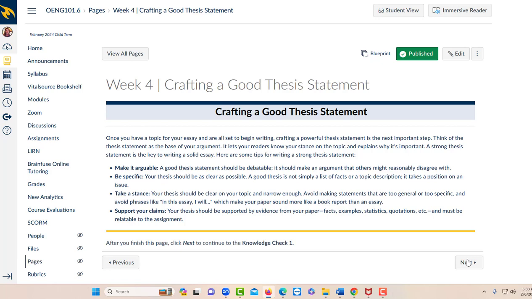Your thesis should be clear on your topic and narrow enough. Avoid making statements that are too general or too specific, and avoid phrases like "in this essay." Support your claims. Your thesis should be supported by evidence from your paper: facts, examples, statistics, quotations, and must be relatable to the assignment.